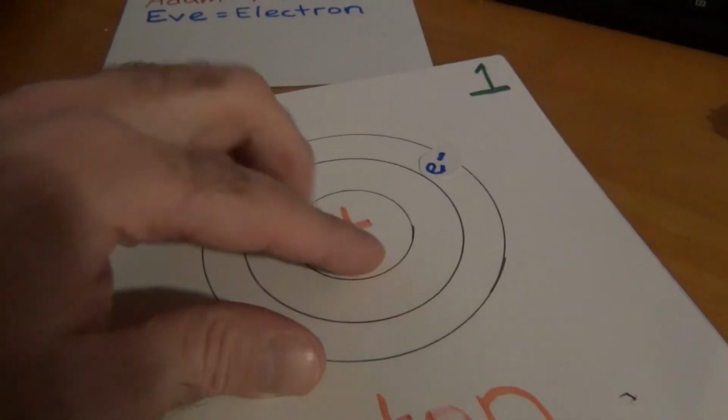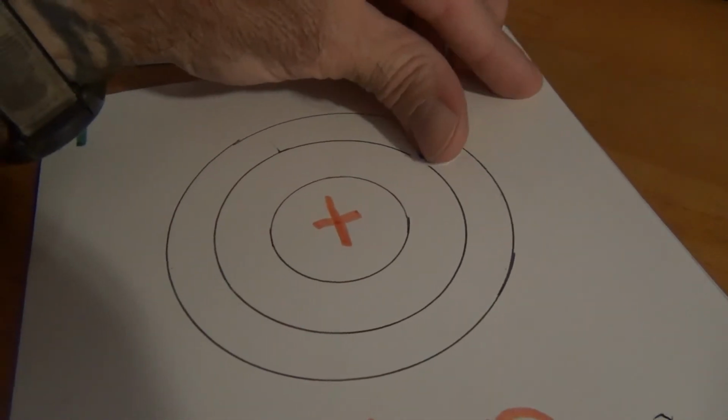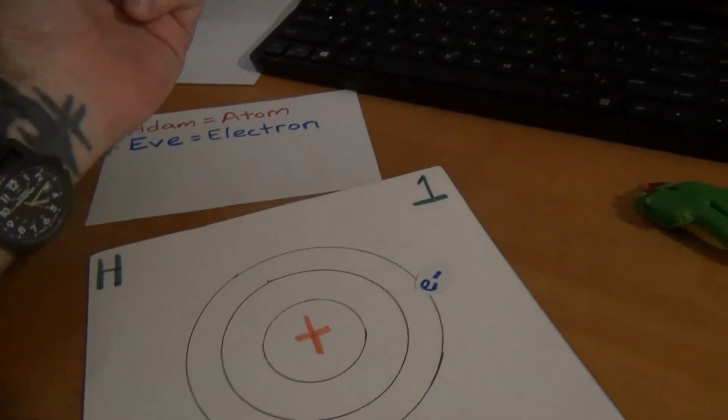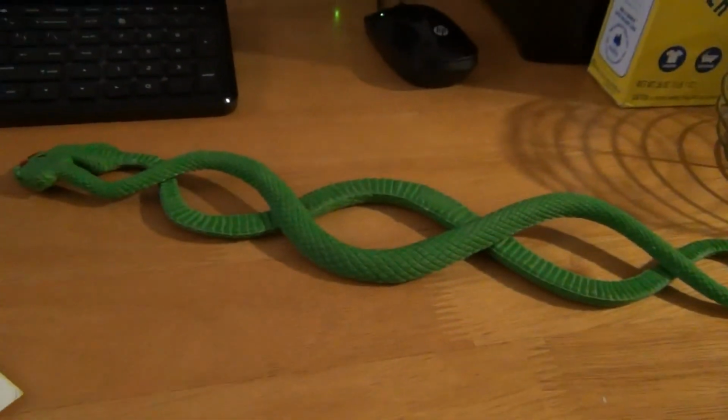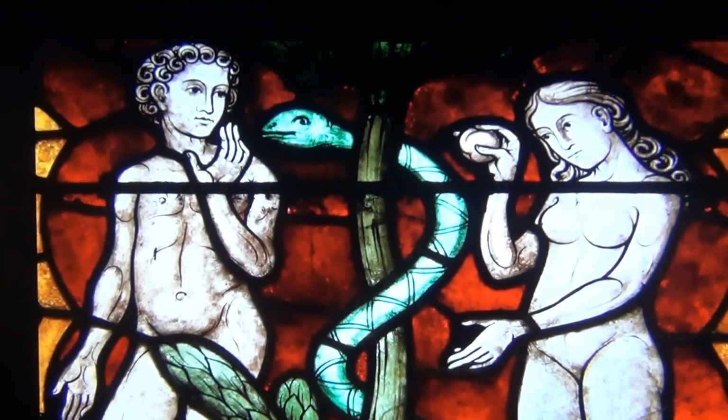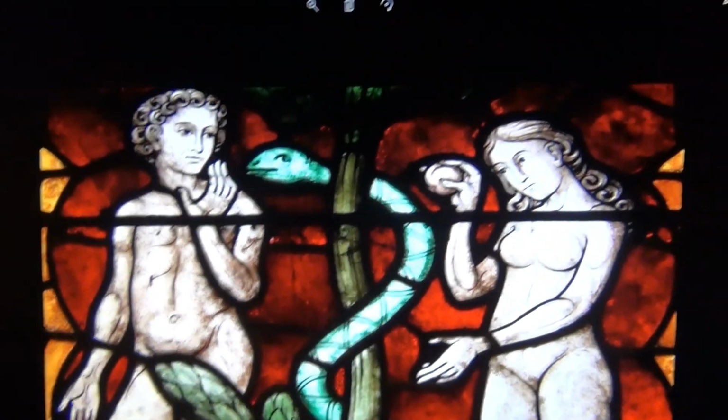The hydrogen atom, and Eve, the electron. Just something to think about.